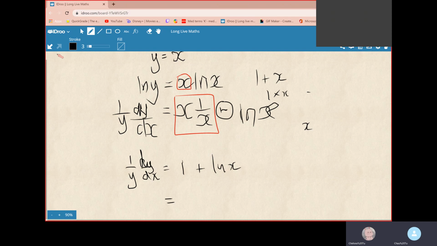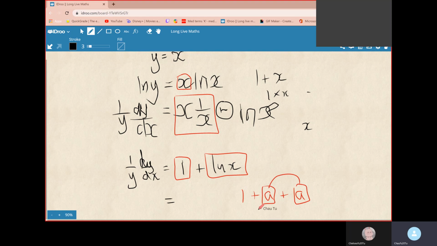It's like me asking you to simplify 1 plus a. Well, Chelsea, this is the same entity, so you can merge them together, right?